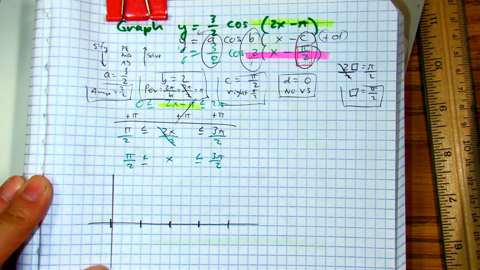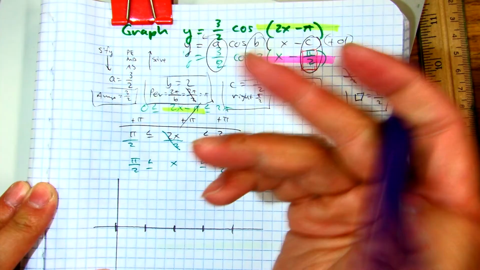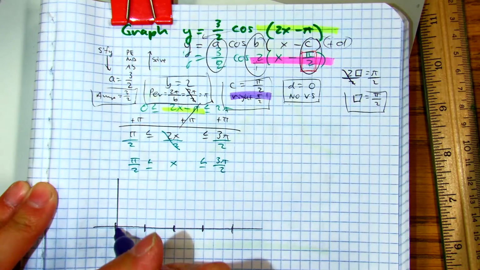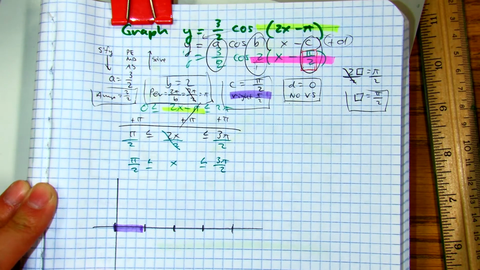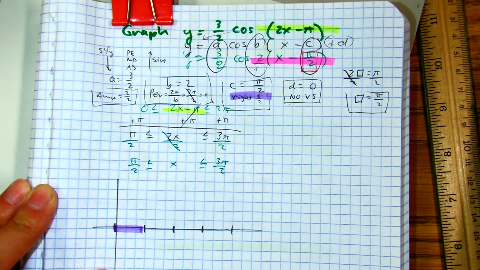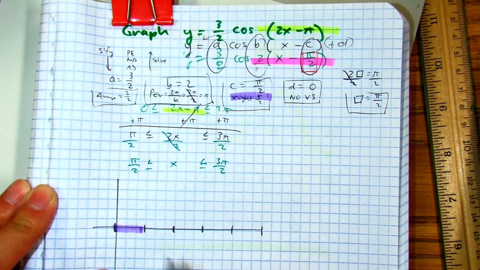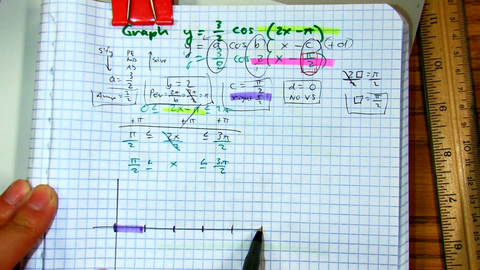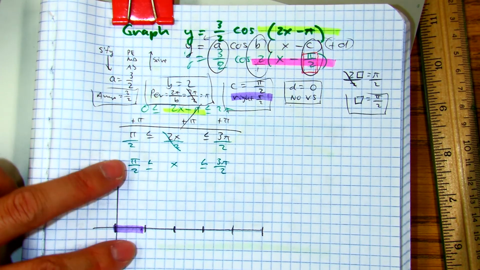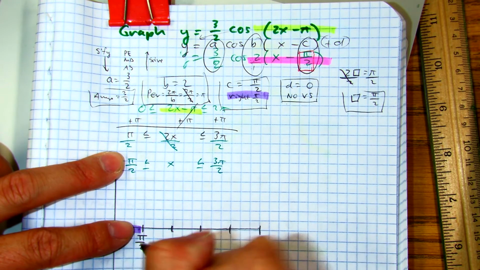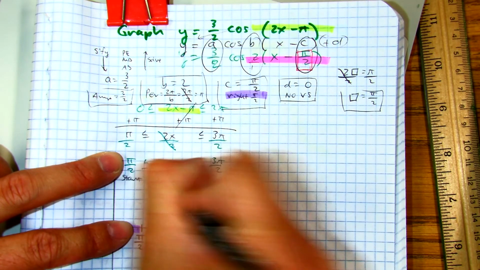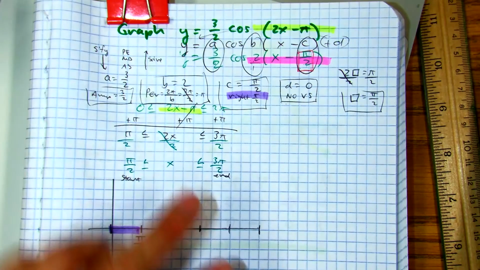But because it's being shifted to the right pi over 2, I'm not starting at the origin, I'm starting at this one. So now I have to add one more. 1, 2, 3, 4, 5. I'm going to start here at pi over 2. So this is your start, and this is your end. 3 pi over 2 goes right there.